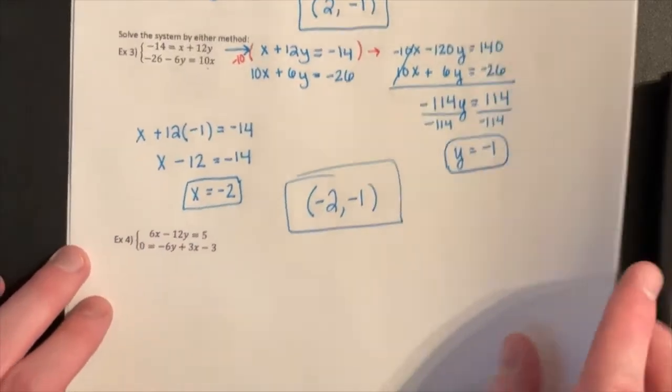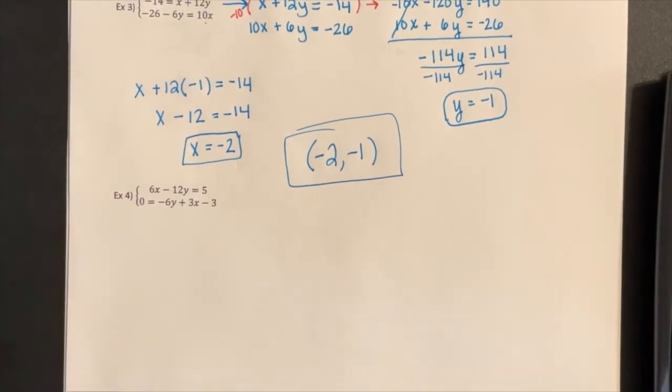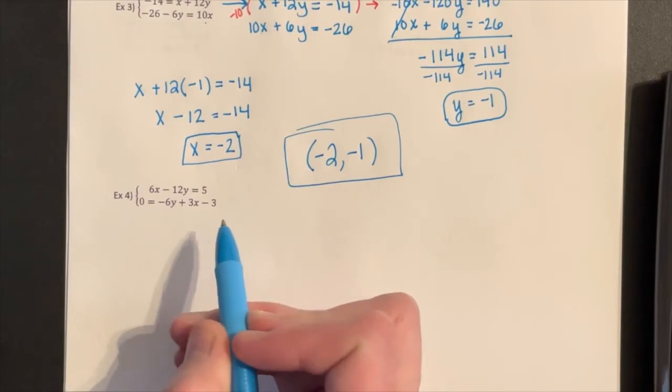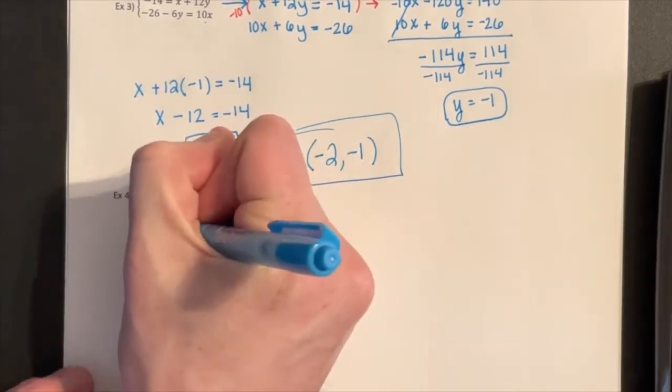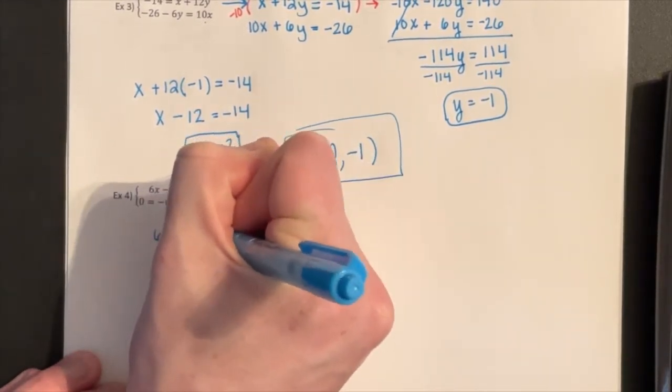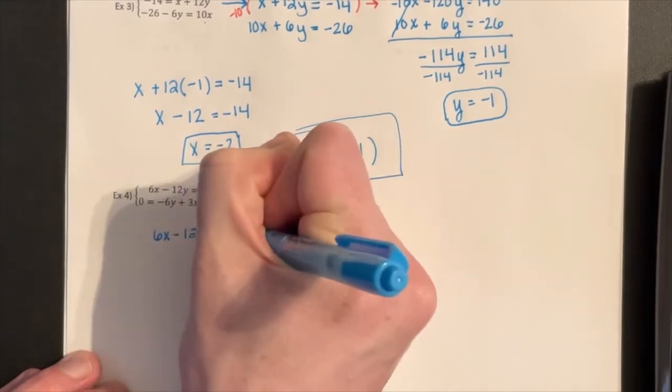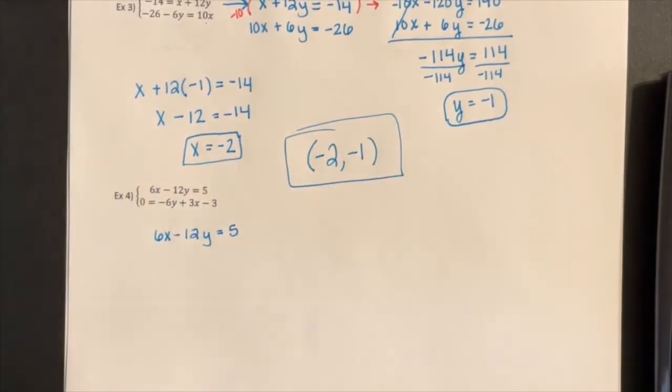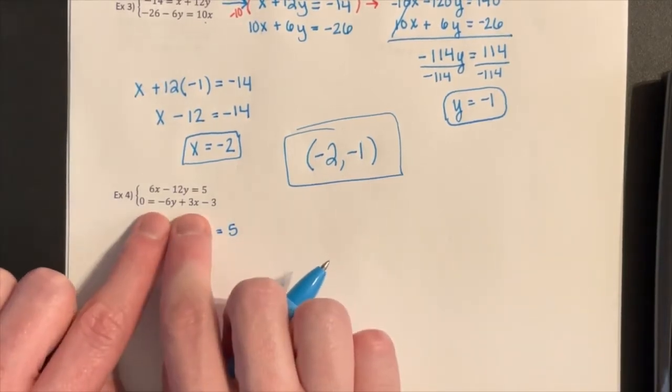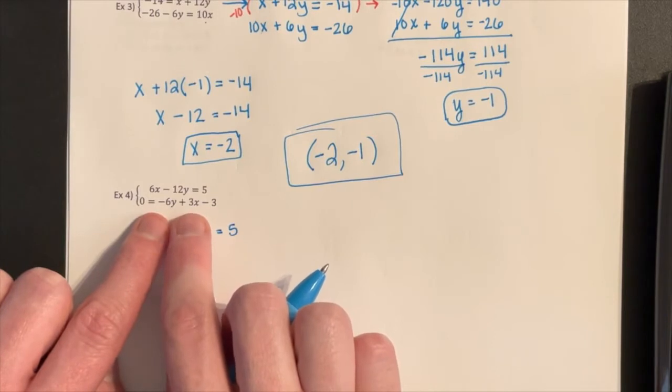All right, example 4 still has some things that are out of order. So I'm just going to rewrite this: 6x minus 12y equals 5. That first one's fine. But if I want all the x's and all the y's together, then I might have to manipulate this and move it around some.